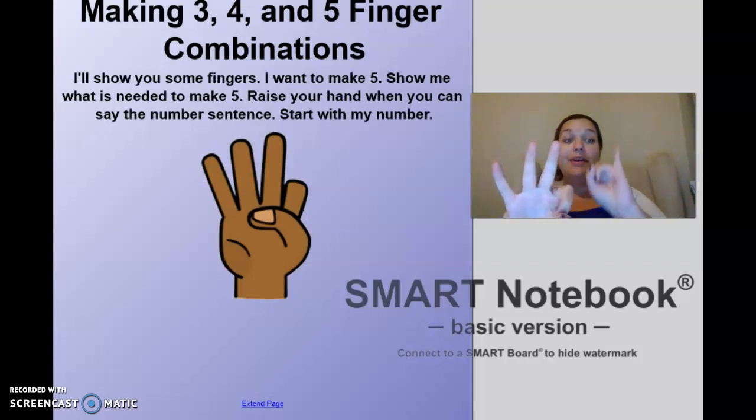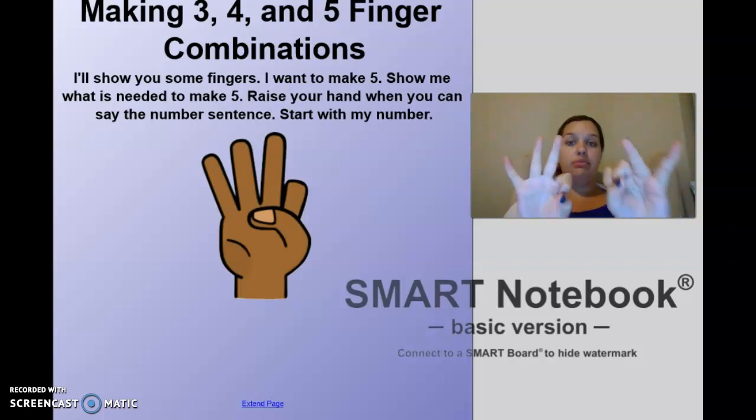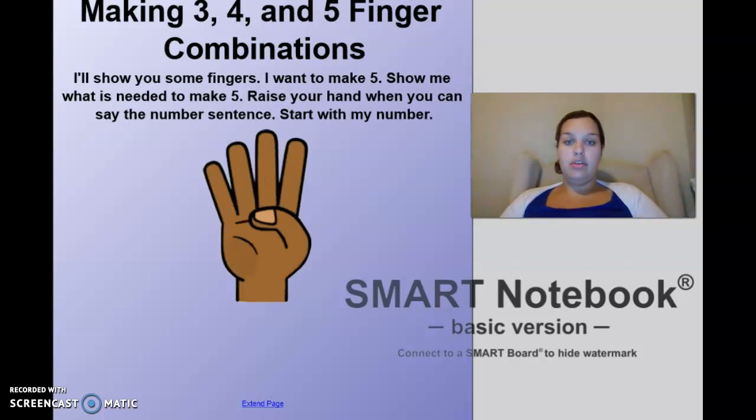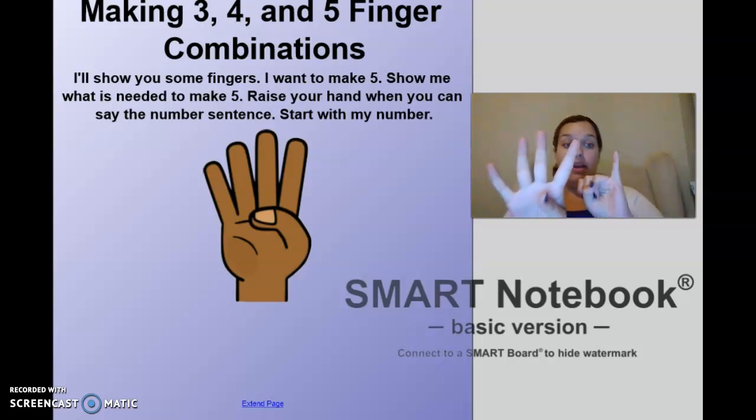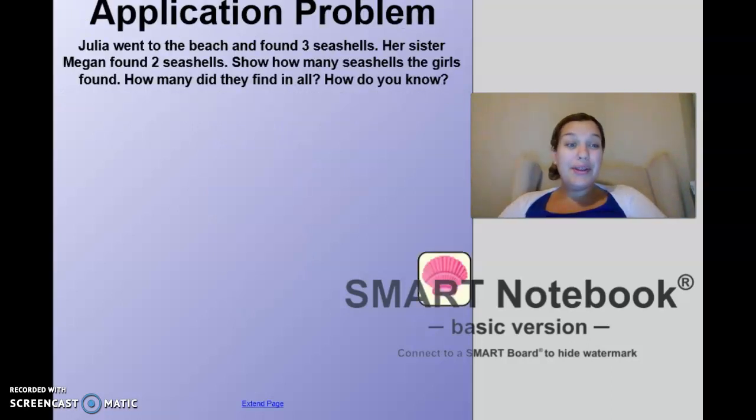We have 3, 4, 5. 3 and 2 make 5. 4, 5. 4 and 1 make 5. Good job. You guys did awesome.